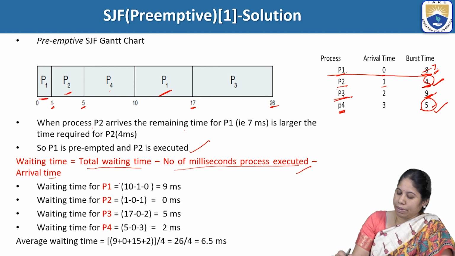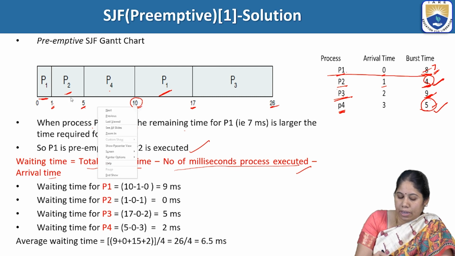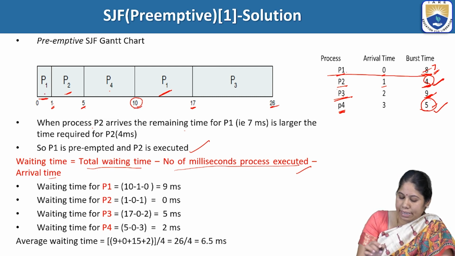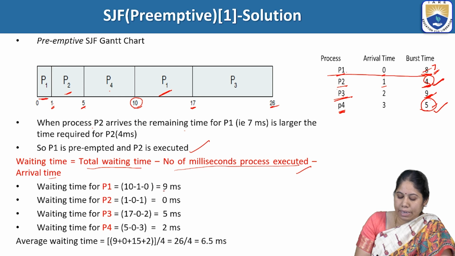Let us see the waiting time for P1. At what time did it arrive? 0. Initially, what was P1 able to complete? The waiting time of P1 here is 10, and 1 unit of time was already taken. So 10 minus 1 minus arrival time 0 equals 9 milliseconds.